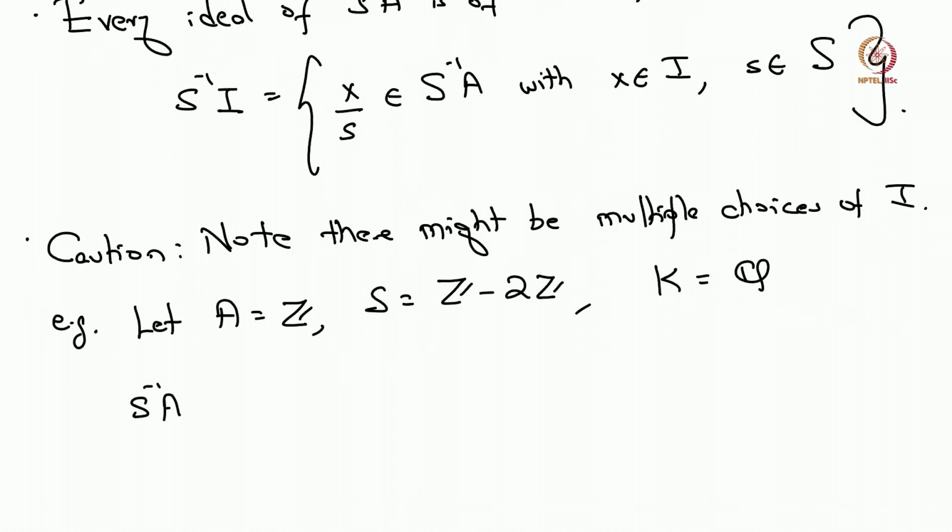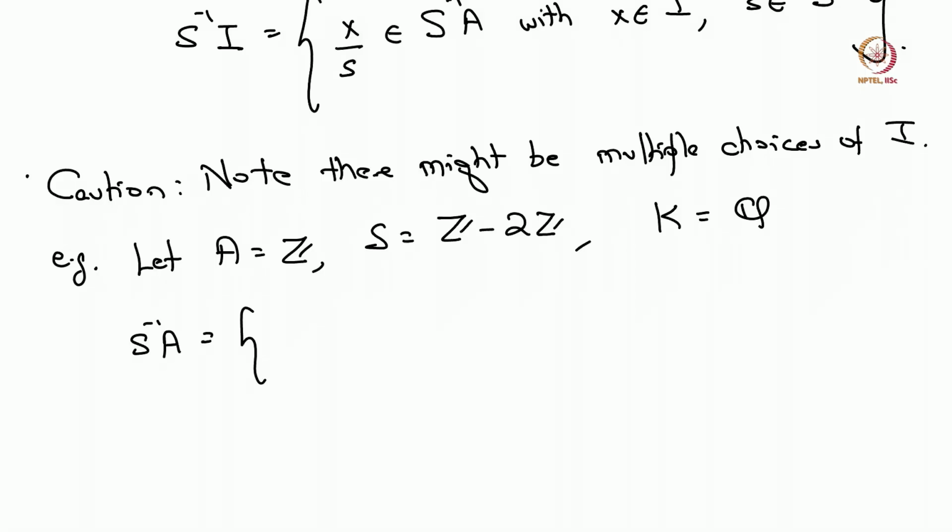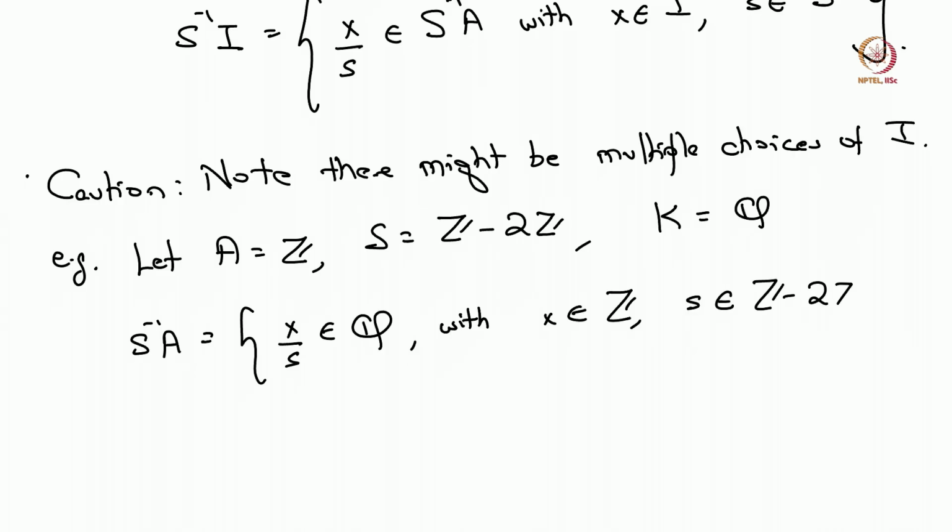So the localized ring in this case is just all the fractions x over s with the property that x belongs to Z and the denominator s belongs to Z minus 2Z. Okay, and maybe just a small observation, Z minus 2Z, from all the integers you're removing the even integers, so what you're left with are odd integers.